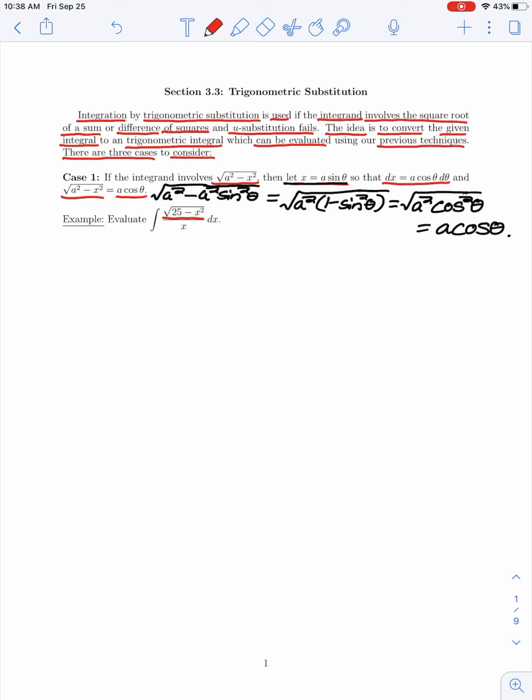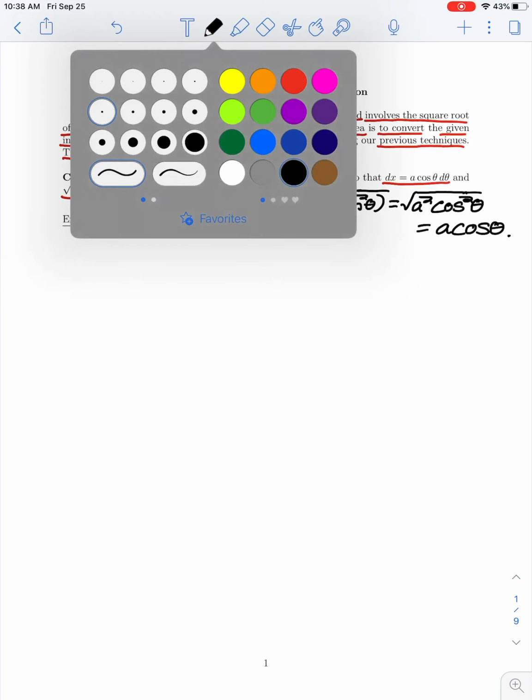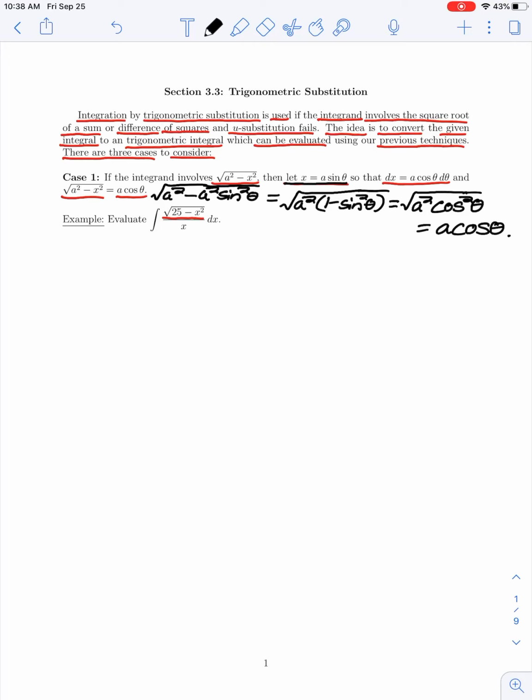So if this substitution initially fails, let's move to our trig substitution. Our numerator is of the form square root of 25, or 5 squared, minus x squared. So in this case, we're going to make the substitution x equal to a times sine of theta, where the constant that was being squared was 5, so x is 5 sine theta.